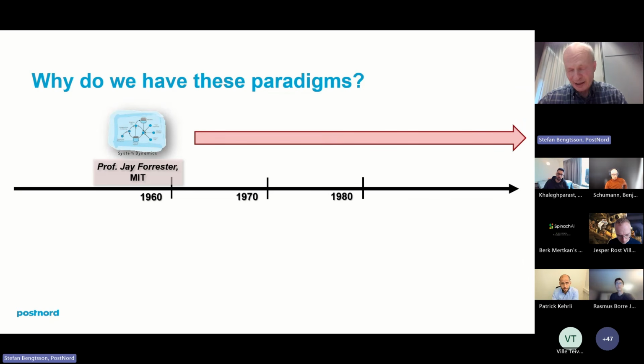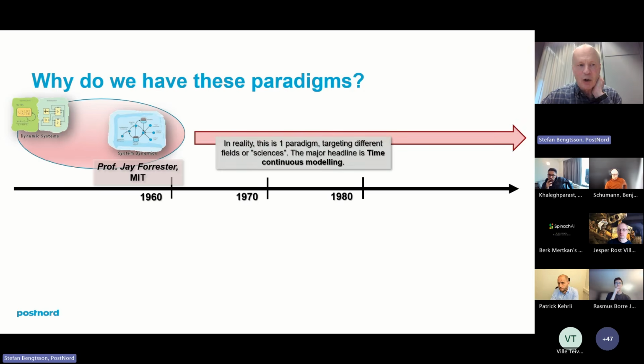But he also realized that people in the social sciences, people in economics, people that didn't have a technical background, didn't have this way to think in terms of systems. And therefore, he introduced a very simplified form of dynamic systems that he called system dynamics.